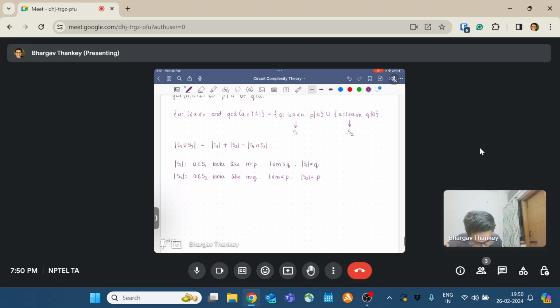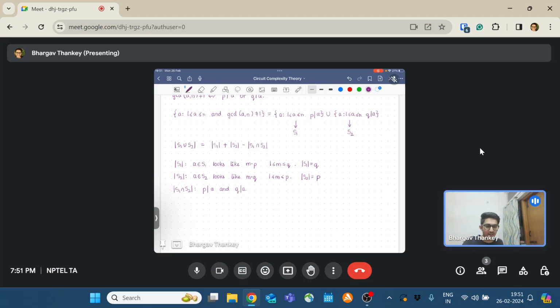Yes. So what about the size of S1 intersection S2? If something is in both S1 and S2, then P divides it and Q divides it, right? Yes. So what do these two tell you together?